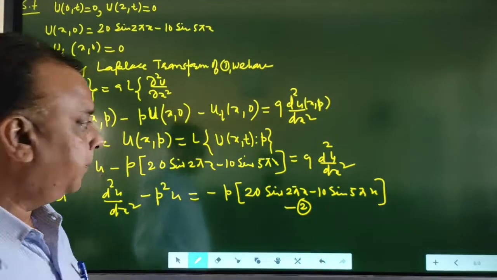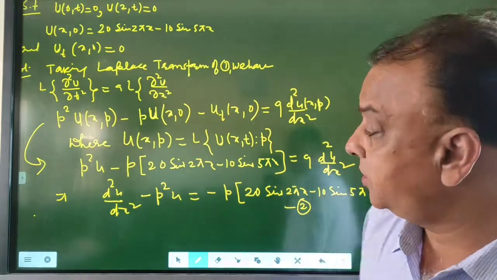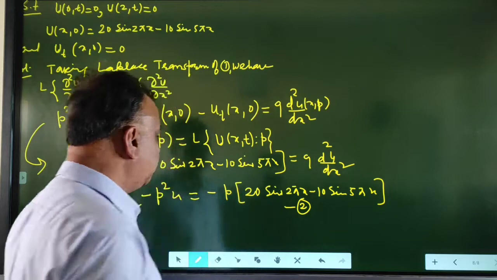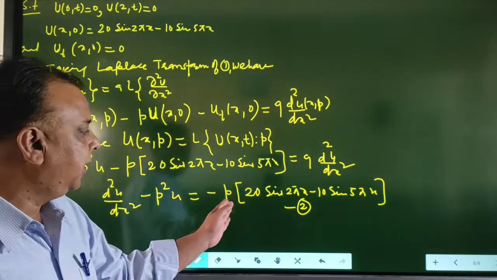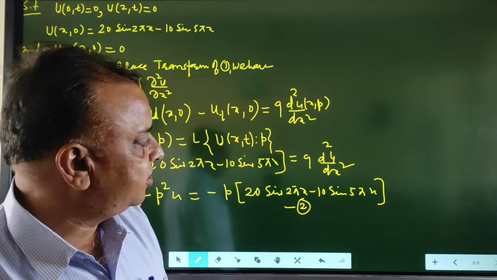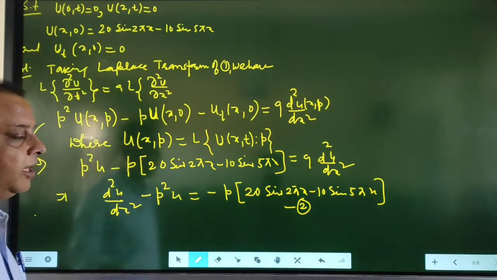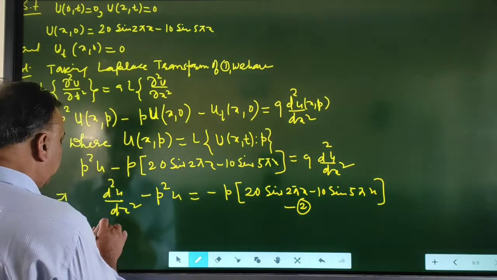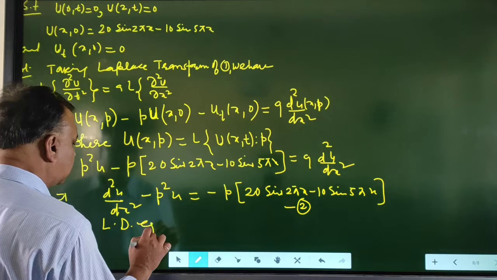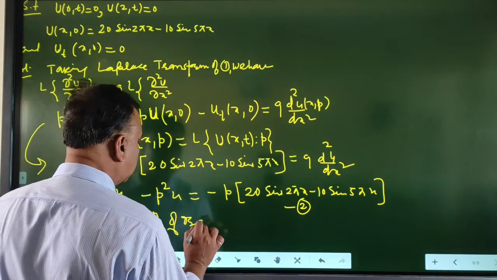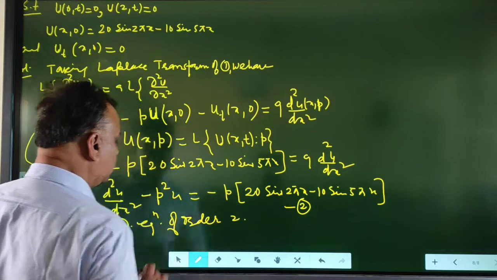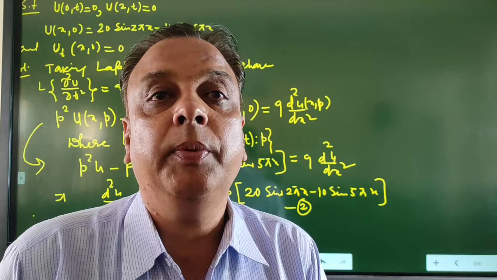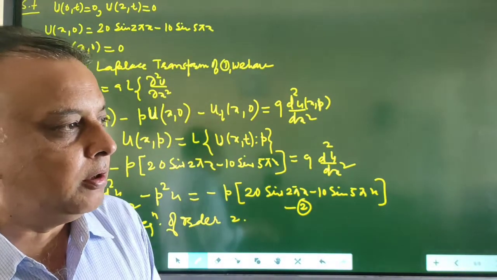By putting the given conditions, we get d2u by dx square minus p square u is equal to minus p into 20 sin 2 pi x minus 10 sin 5 pi x. Now we see that the second equation is a linear differential equation of order 2. So the solution of this equation is CF plus PI, that is the complementary function plus the particular integral.